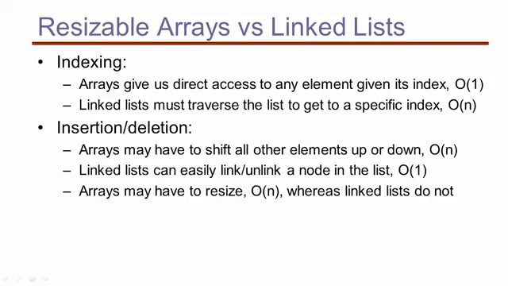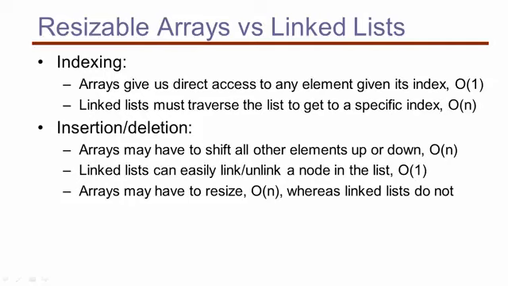When we attempt to insert or delete an element from the middle of an array, we need to shift the subsequent elements to make room or to fill the gap. But such shifting of elements is not required with linked lists, since we can link in a new node or unlink an old node very easily. And we need to remember that a resizable array will actually need to resize when it becomes full, whereas linked lists can continue to grow without needing to make full copies of themselves.